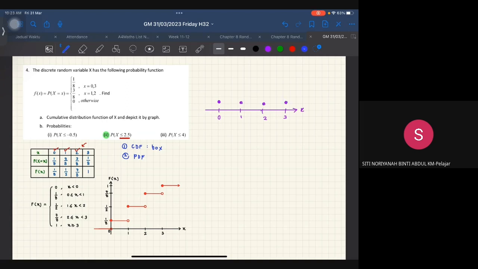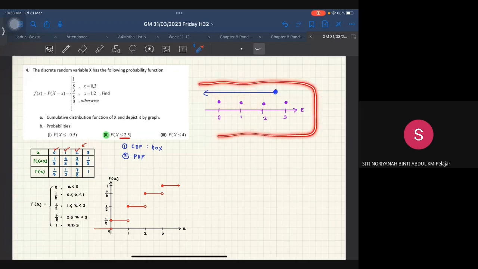So bila soalan tu bagi 2.5, so 2.5 maybe dekat sini. Dia kata less than ke belakang kan. Okay, so awak tengok mana X yang termasuk di bawah dia. Kat mana nilai yang termasuk sekali dalam dia. So ada 3 nilai sahaja. This is the first one, 0. Second one is 1 and then the third one is 2. Okay, so ini cara kalau awak nak faham lah, kalau awak nak nampak.